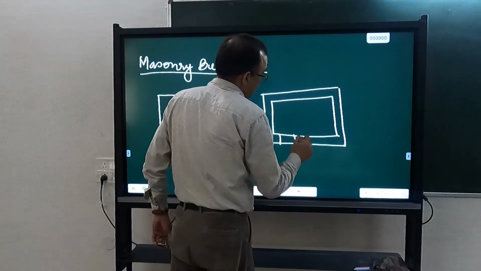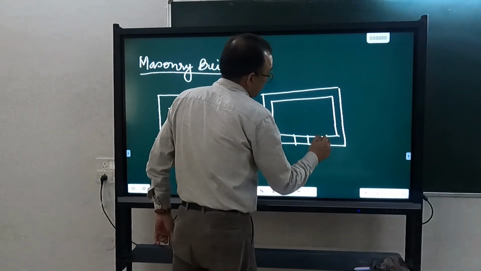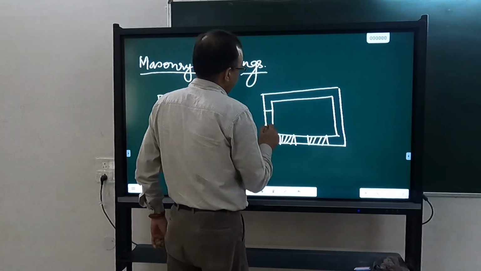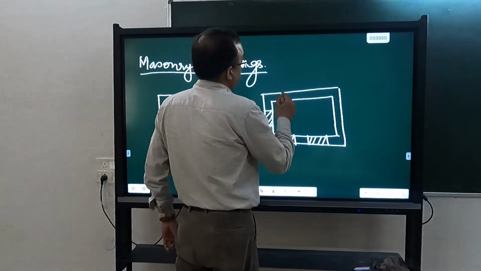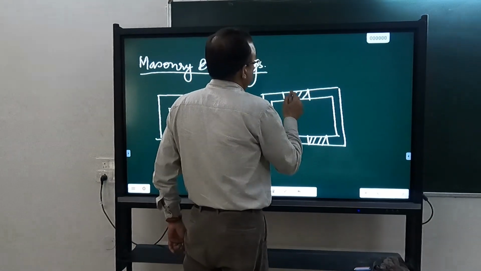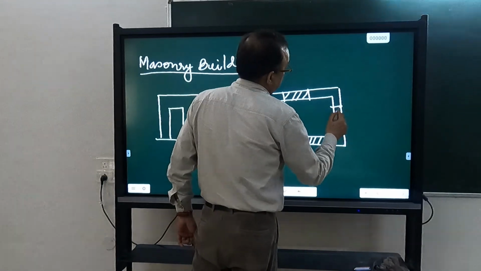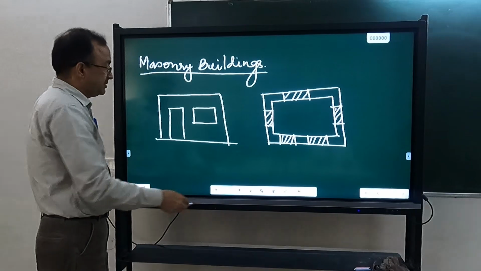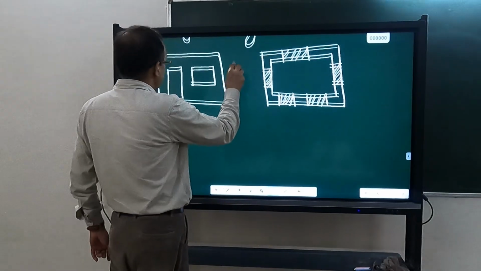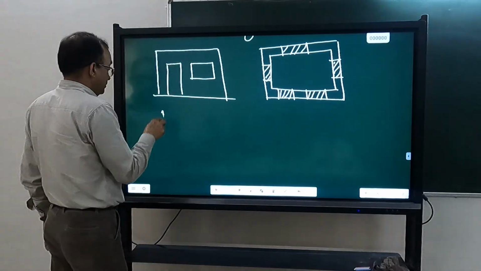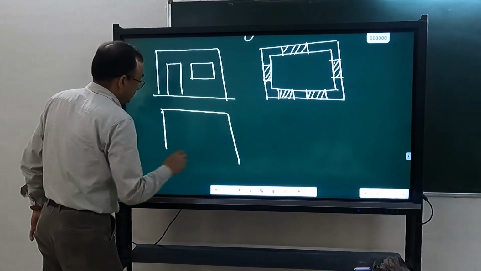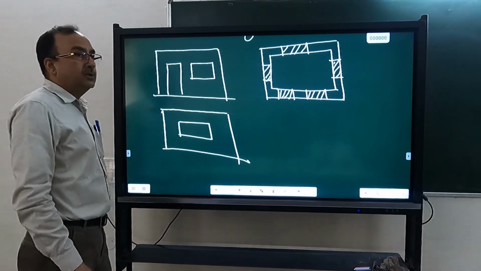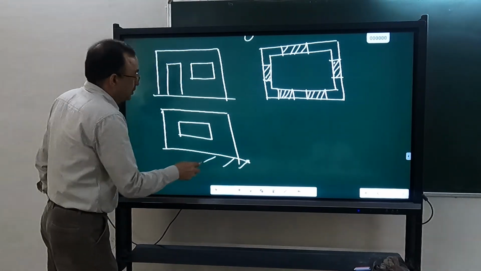Here I am having door, here I may be having window, and here I may be having a window. So either a wall will be like this in this case, or it may be like this, or any other combination of doors and windows.